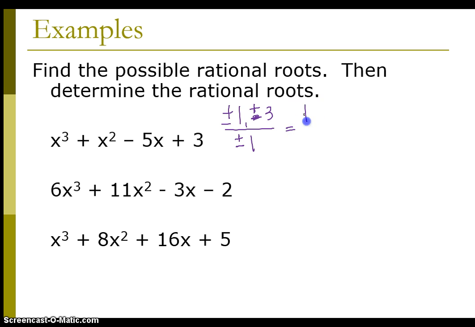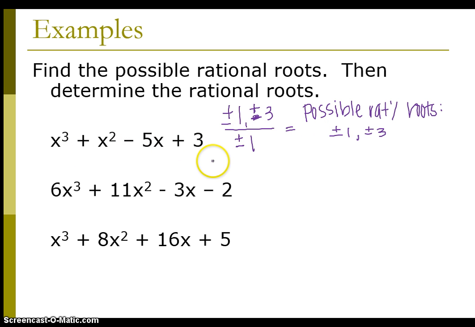So my possible rational roots would be 1 divided by 1 is just going to be 1, so plus or minus 1, and plus or minus 3. To determine my rational roots, I could plug those numbers in here and see which ones are going to equal 0.